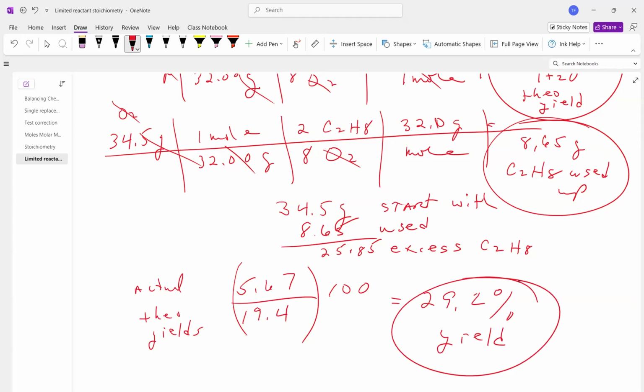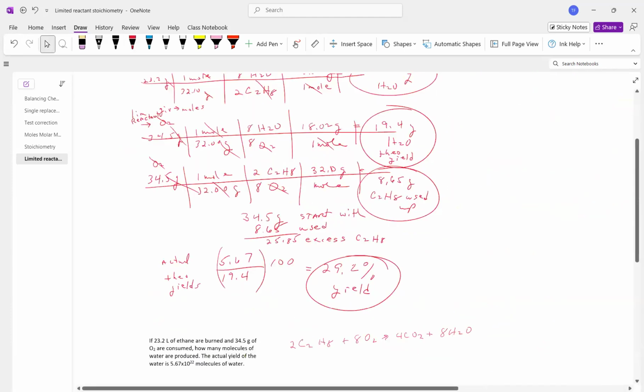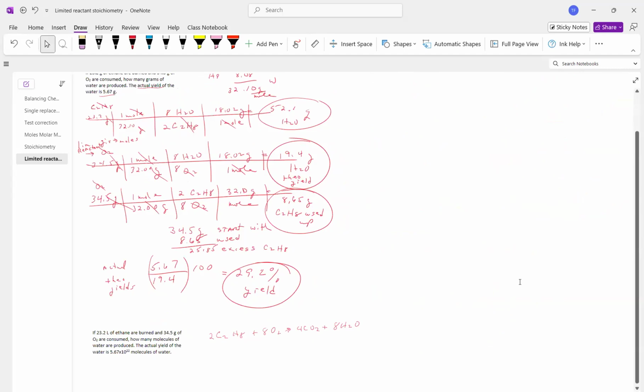So that's a 29.2% yield. Okay, so that's a limiting reactant problem in all of its glory. That's why I said last week, make sure you go through with one given, because it complicates things a lot when you have two givens.